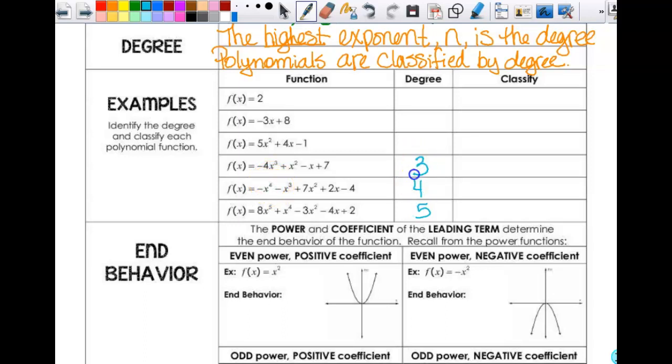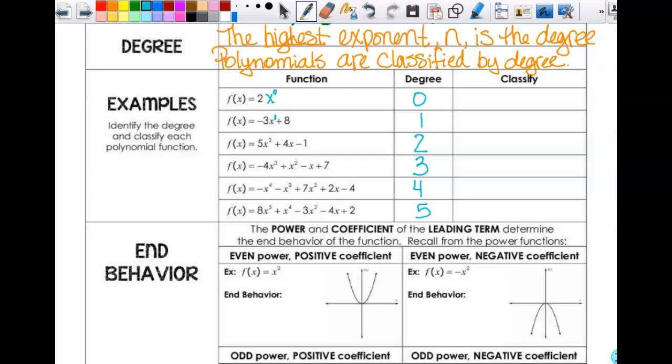This degree is 3. This degree is 2. What do you think this one is? 1, because we don't see the 1, we don't write it, but there's technically an invisible 1 there. So what would this degree be? 0, because if I did have it on there, it would be x to the 0 power, and anything to the 0 power is 1. Okay, we good with that?